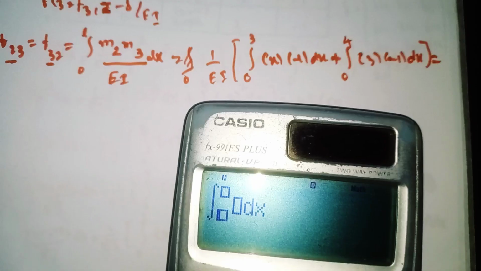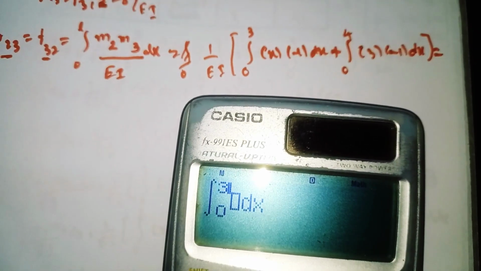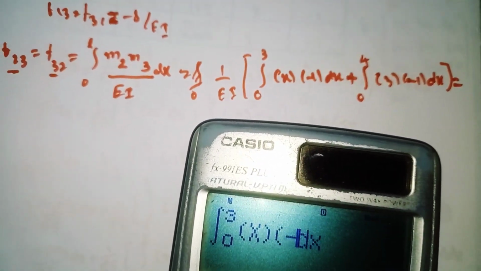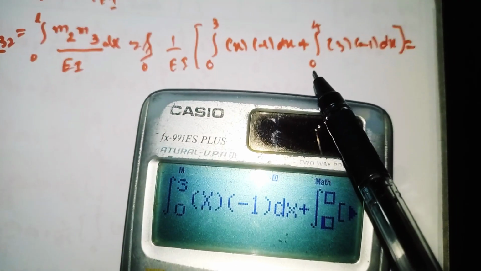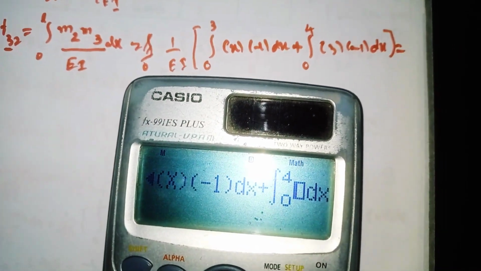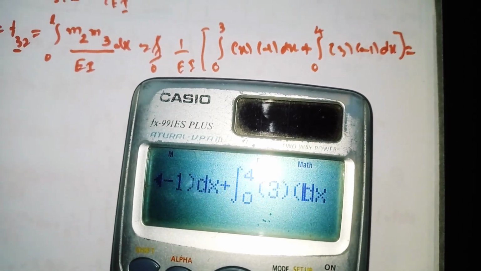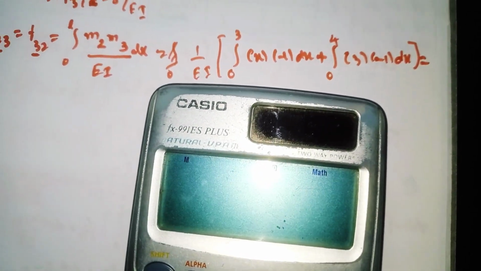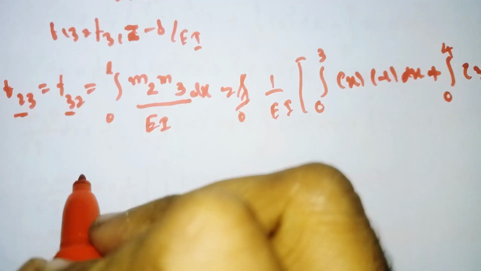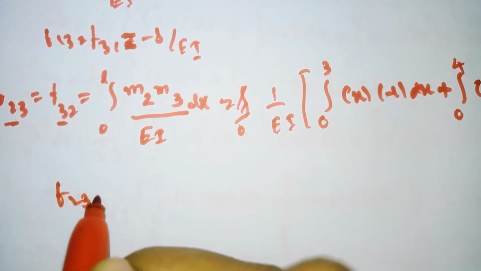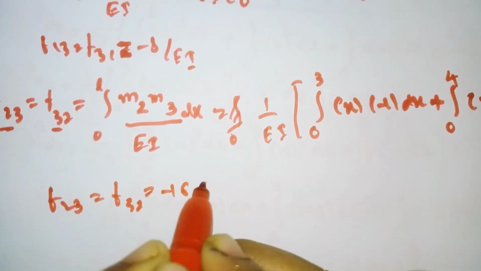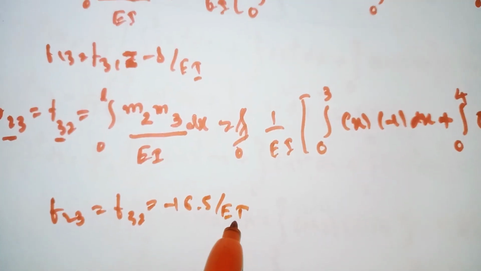Solve it: integration of 0 to 3 of x into minus 1, plus integration of 0 to 4 of 3 into minus 1. So now our f23 comes out as minus 16.5. So f23 is equal to f32 is equal to minus 16.5 divided by EI.